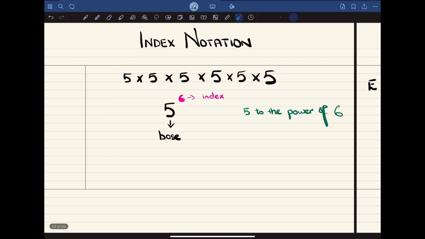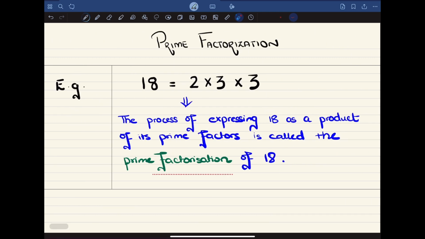Okay, now finally moving on to prime factorization. As already touched upon, the process of expressing a number as a product of prime factors is called prime factorization. There is a fundamental theorem of arithmetic that you do not need to memorize, but basically it states that every whole number greater than 1 is either a prime number or a number that can be expressed as a unique product of its prime factors.